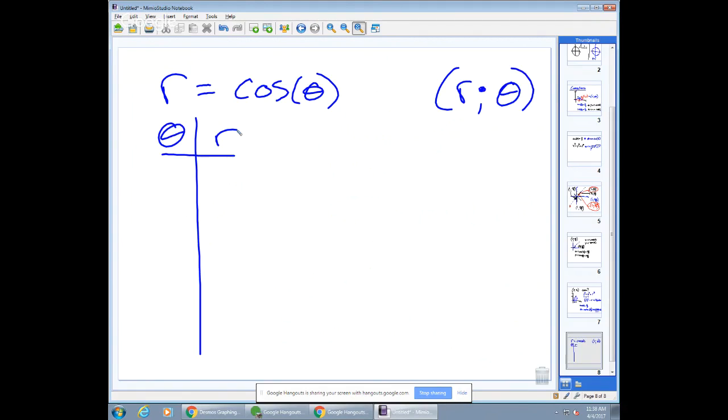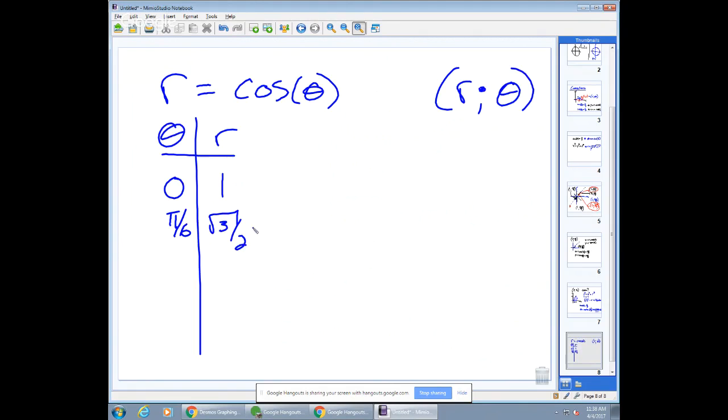All right, so let's do some calculations together. If theta is 0, what is the cosine of 0? 1? Yeah, on a good day it is 1. So r is 1 if theta is 0. Next fun angle we choose is usually like pi over 6. Cosine of pi over 6. On a good day, I'm pretty sure it's the square root of 3 over 2.